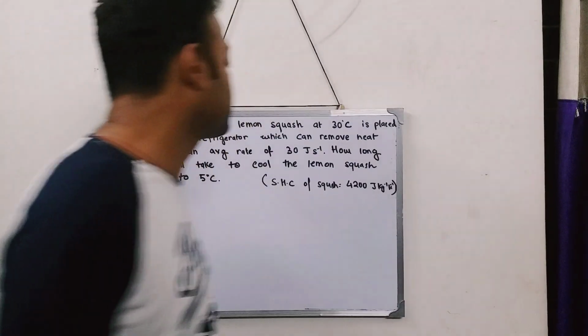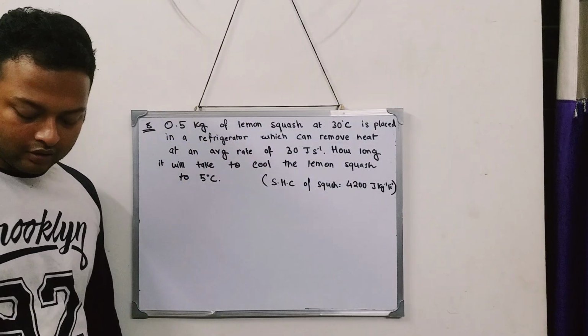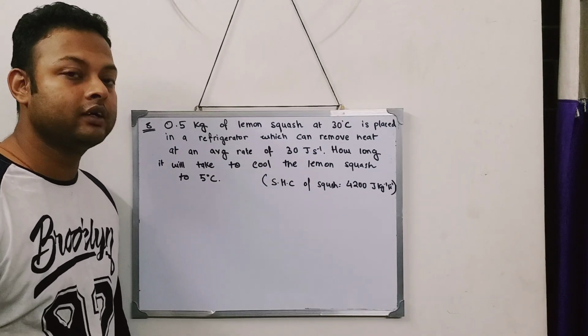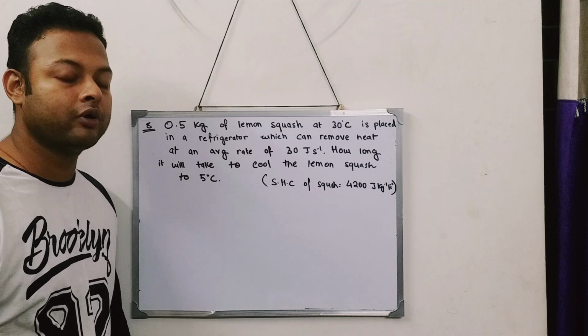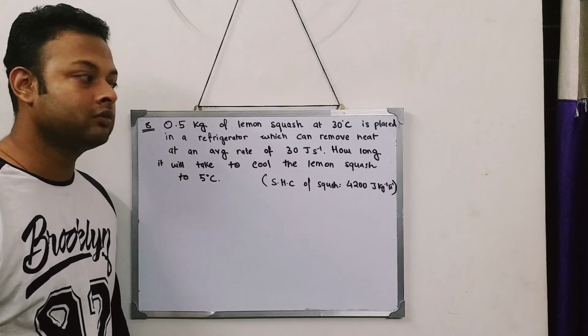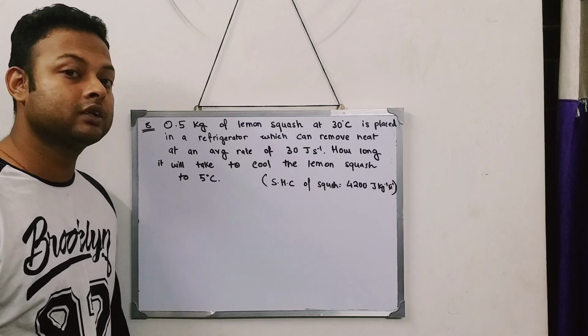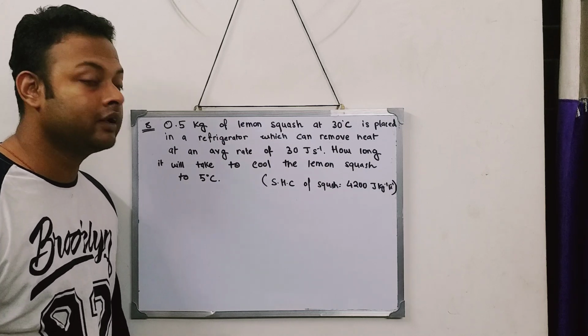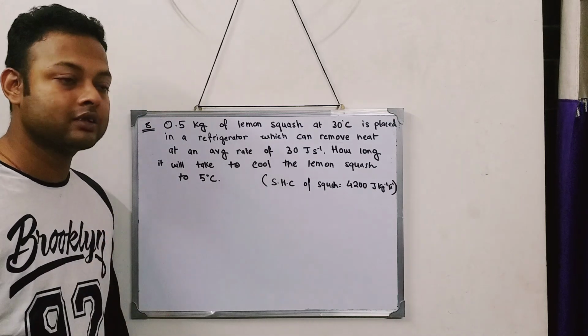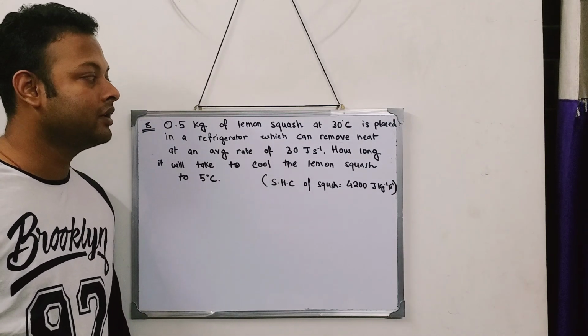Now we come to question number 8. From question number 8, see, the sums are a little difficult. I also understand from your point of view, but the only way to solve these sums in the exam is by getting used to them. So you have to keep on practicing these sums with different numbers.